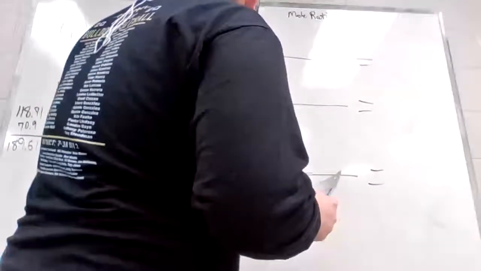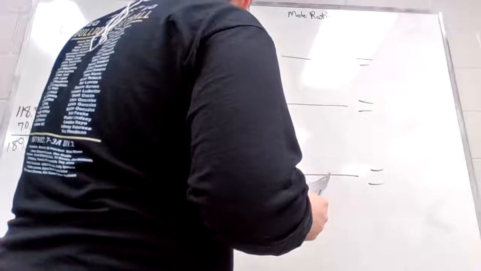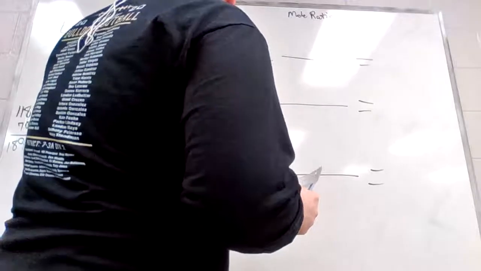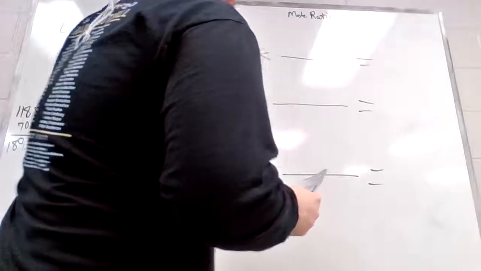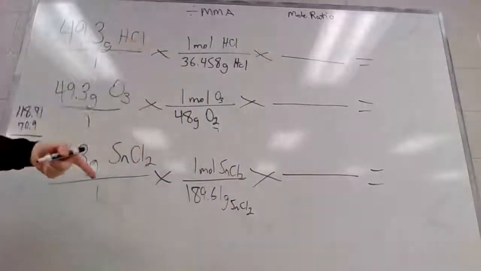Okay, so actually that's O3. HCl. So now I've divided by my molar mass on all three of these.